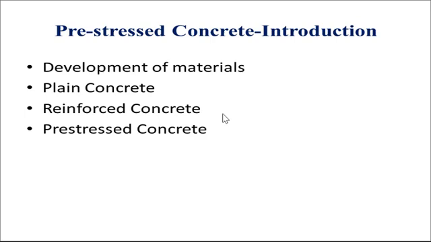Both materials behave separately, and that's why in prestressed concrete the concept is totally reverse. In prestressed concrete, we stress the section before application of load, and that's why it is called prestressed concrete. All these things will be discussed in the next lecture.